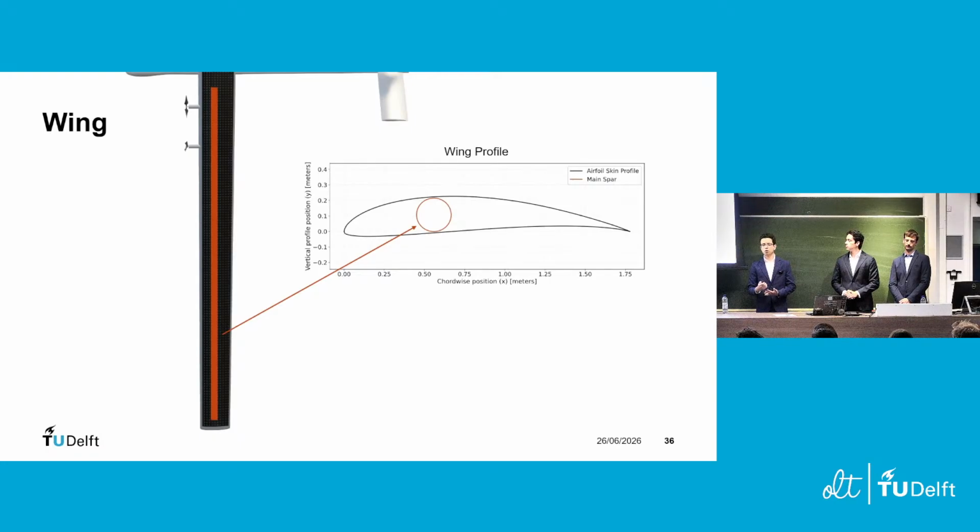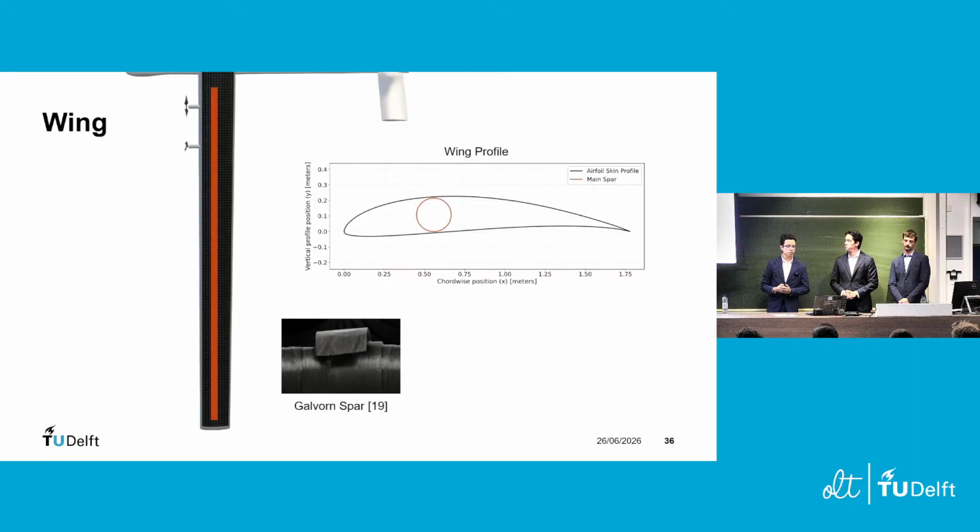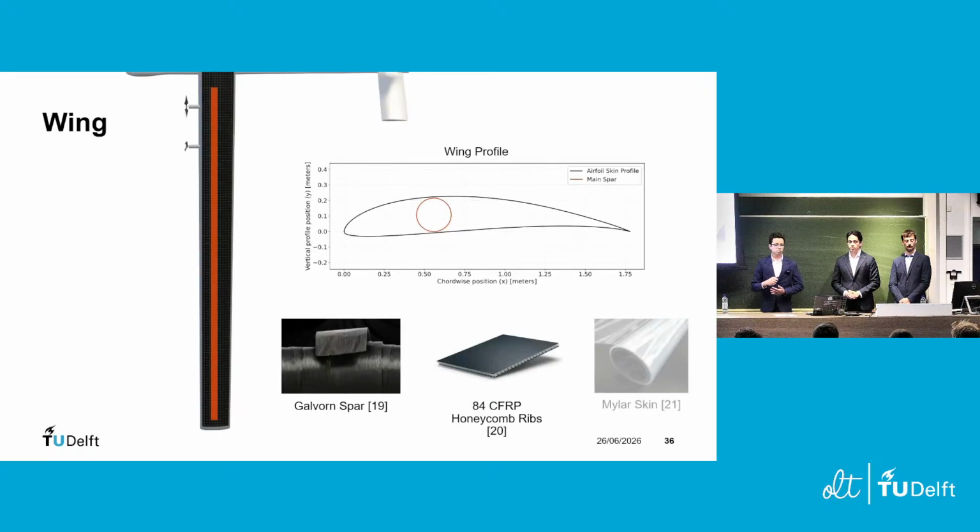This spar will carry all of the main primary loads, and it will be made of Galvorn, just like the fuselage. And then, to be able to hold the aerodynamic shape of the wing, we are also going to have a total of 84 carbon fiber reinforced polymer honeycomb ribs, which are placed across the span of the wing. And of course, the wing skin itself is also very important, and that will be made of thin Mylar film.